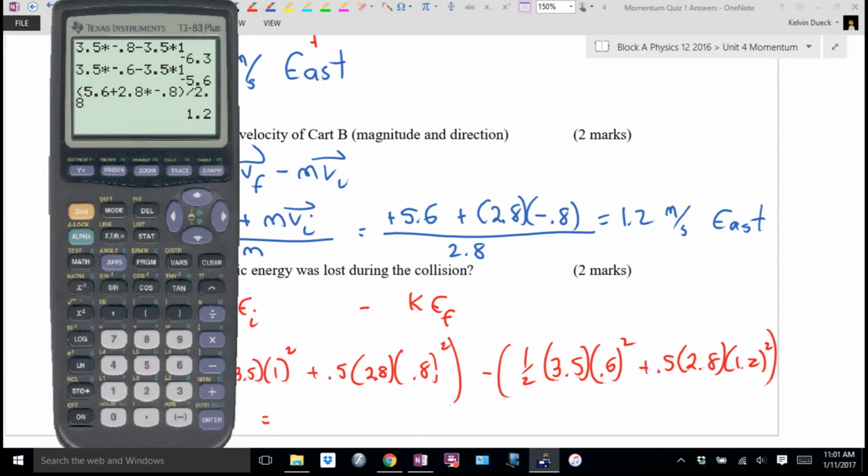Now, Brendan made a comment during Flex Block. He said, is this perfectly elastic? If we ended up with an answer of 0 right here, if no kinetic energy was lost, that's technically the definition of a perfectly elastic collision. It would also tell you that I've made up fake unreasonable numbers, because in real life cars are not perfectly elastic, because that collision would have had to then have been silent and no deformation and no heat.